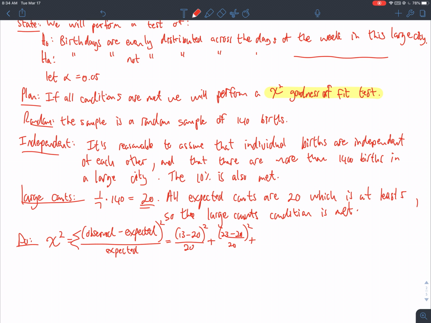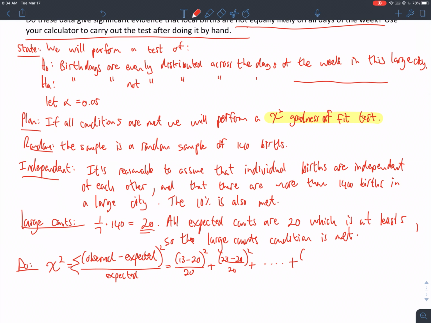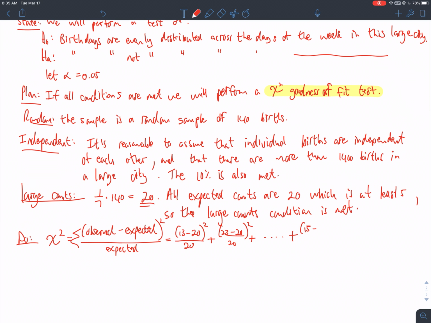And what you can do is, if you have a chi-square test and you have to write all this stuff out, just do this, all right? And then do the last one maybe. Okay, so use some ellipses there to show that, hey, I know how to substitute in the formula, but I'm not stupid enough to go and substitute every number in the formula. 15 minus 20 squared over 20.